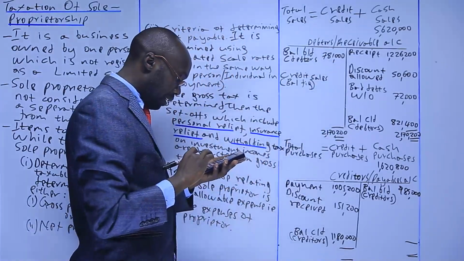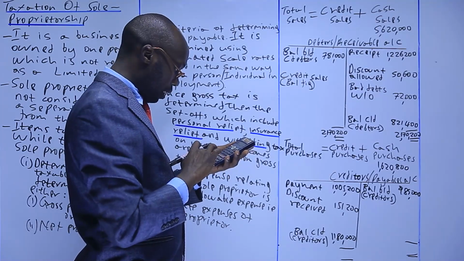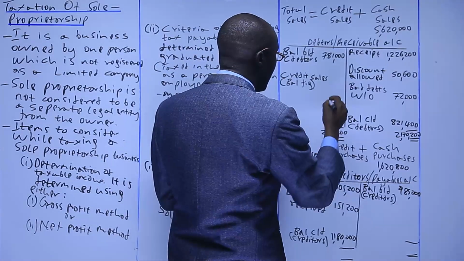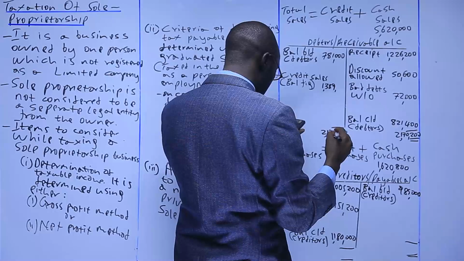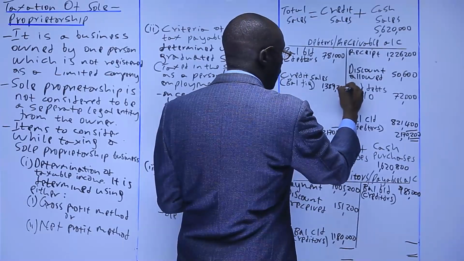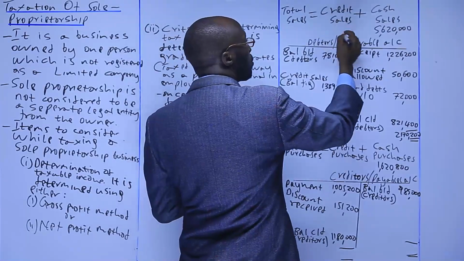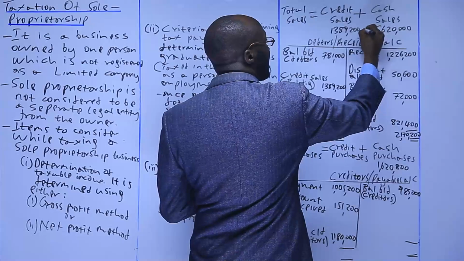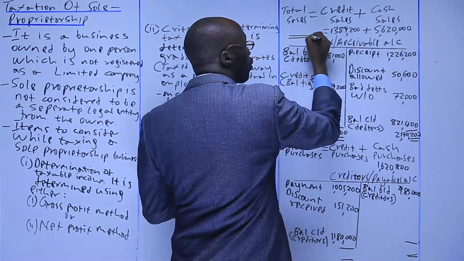So we minus 781,000, which gives us 1,389,200. Now that we have the credit sales, we transfer here. So 1,389,200, and then we now add the cash sales to get the total sales.